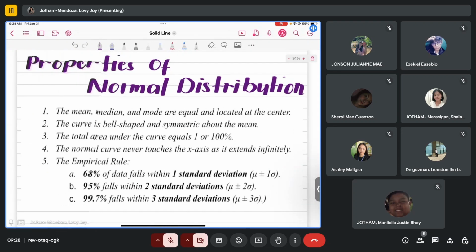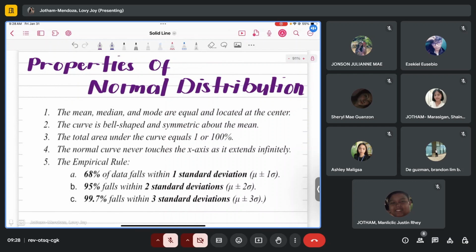So here are the properties of the normal distribution. Let's explain each one of these properties. The first property, in its simplest definition, states that the middle of the curve is the average or the mean of the distribution.